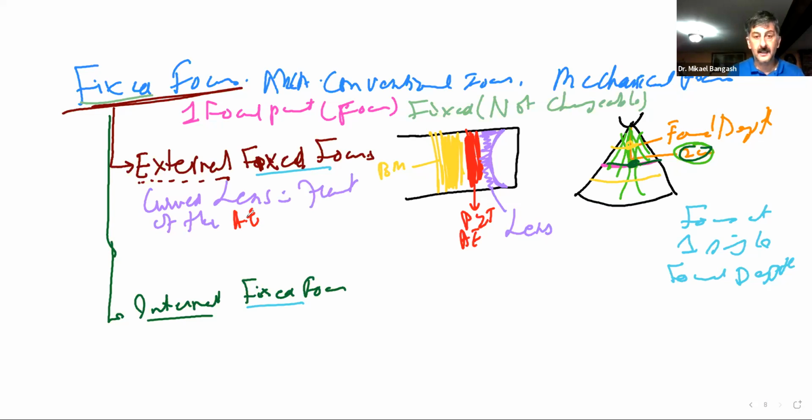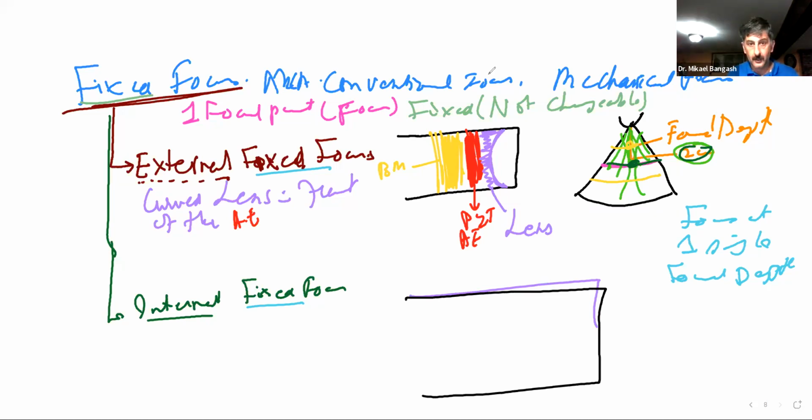Now, what is it that this lens is going to do? Let's do it this way. Say this was the transducer with our PZT, and in front of the PZT we have the lens.